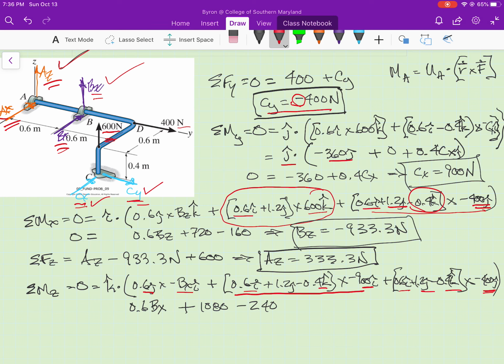It's not a k term. So the right side of that equation reduced to these three terms. And I solve for b sub x, and I get negative 1400 newtons.